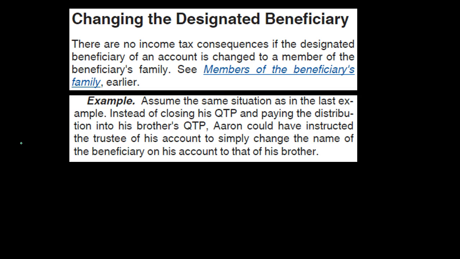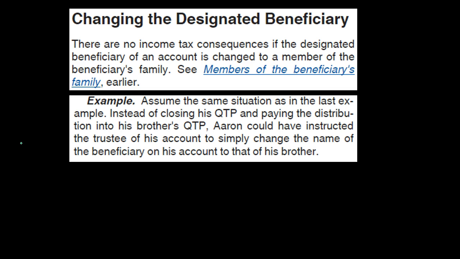So if we look at that same example, assume the same situation as in the last example. Instead of closing the QTP, getting the money back, and paying the distribution into the brother's QTP, Aaron could have instructed the trustee of his account to simply change the name of the beneficiary on his account to that of his brother. So he could have said, don't give me the $5,000 and then I'll put it into my brother's QTP.